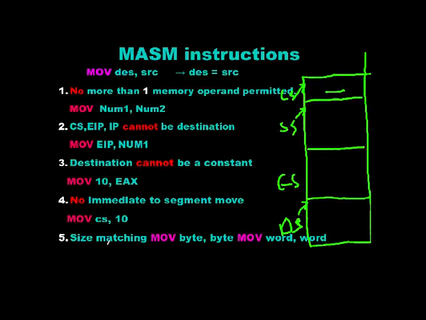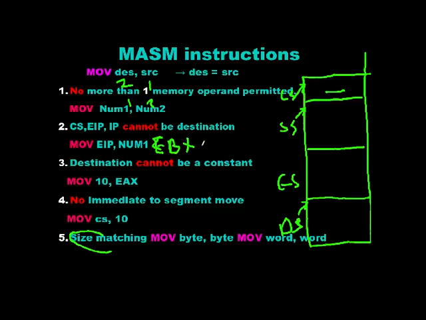A size mismatch: we have to have the operands the same size. So I need to move a byte to a byte. I can't move a byte to 2 bytes. I can't move 2 bytes to 1 byte. Meaning if I'm using EBX, I can't use with it what?